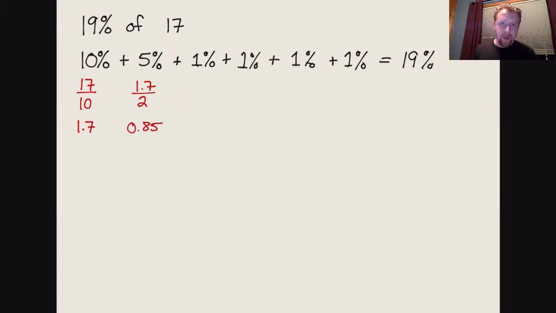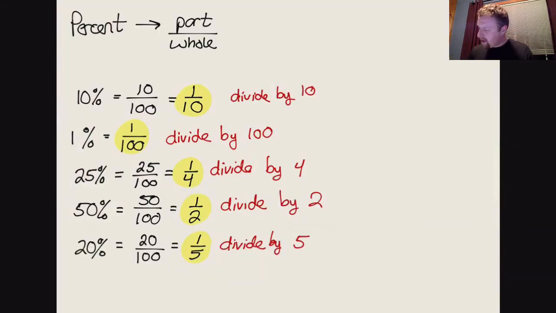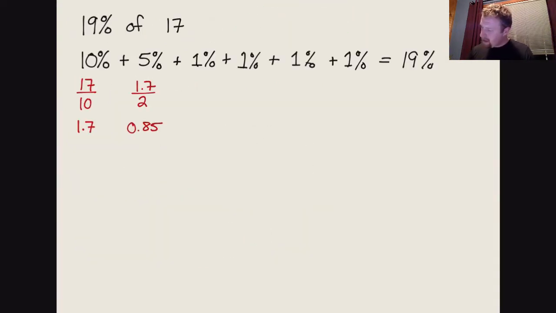Now, 1% kind of falls under that category here, where we would divide by 100. Okay, so to find 1%, I would just take 17 and divide it by 100. Really what that does is it moves the decimal 2 places to the left. Okay, and so I'm going to end up with 0.17. And I have 4 of those.